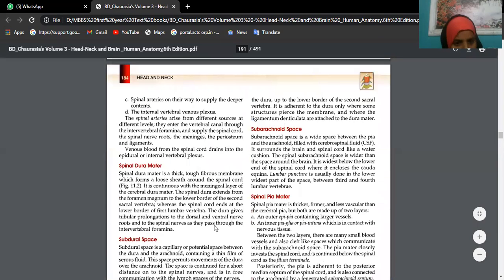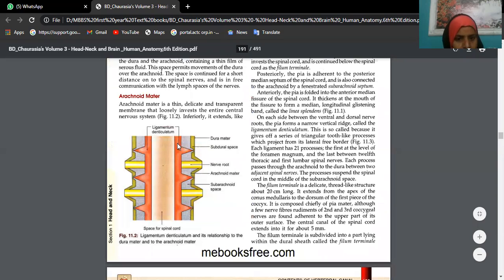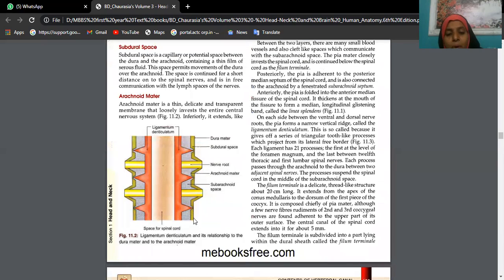Yes, this is the picture. Ligamentum denticulatum. As you said, these are expansions, pia mater extensions. This is dura mater, and this blue is arachnoid. So it is piercing the arachnoid, and then it is piercing the dura, and it will come and get attached to the inside of the vertebral body.